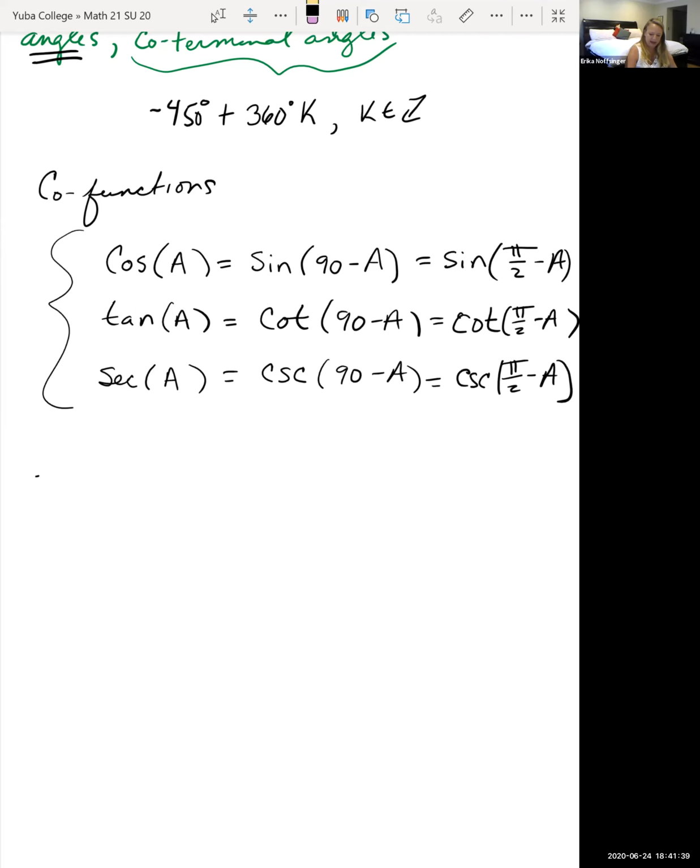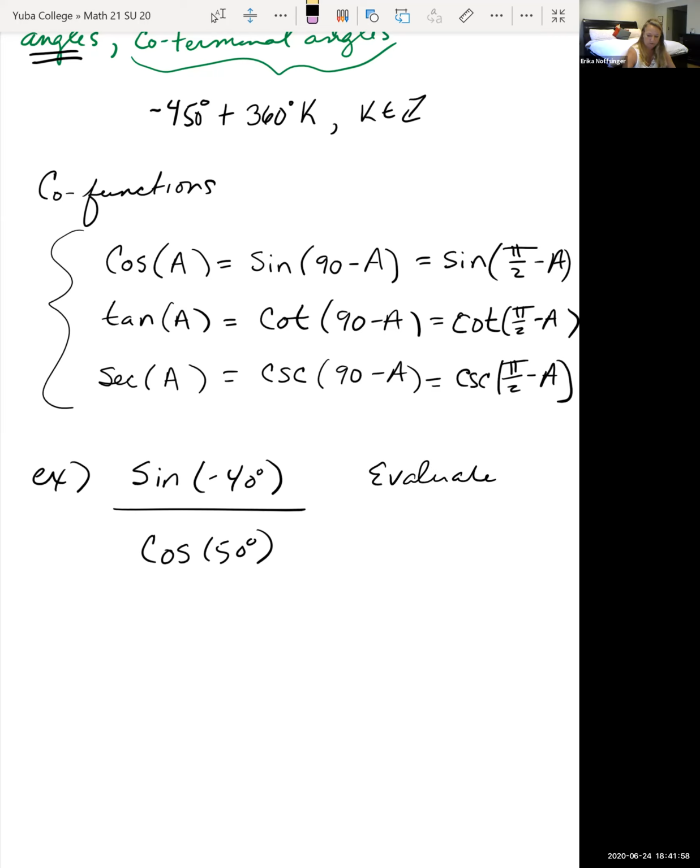So what if you had sine of negative 40 degrees all over cosine of 50 degrees, and it told you to evaluate this without a calculator? These are actually angles that we do not know, so there must be some way that we can manipulate this.